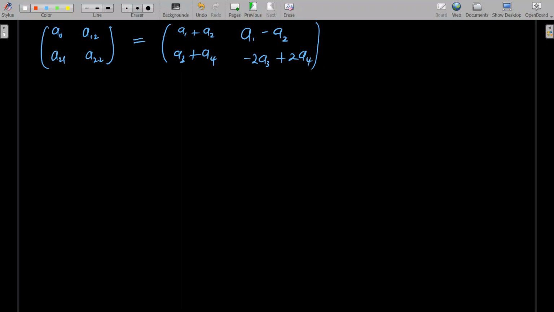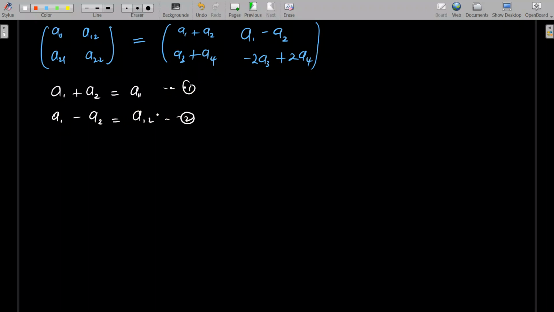So from this, I can say that a1 plus a2 is actually equal to a11. We have two matrices that are the same, so I'm equating both sides, and then a1 minus a2 is equal to a12. I have equation 1, I have equation 2.